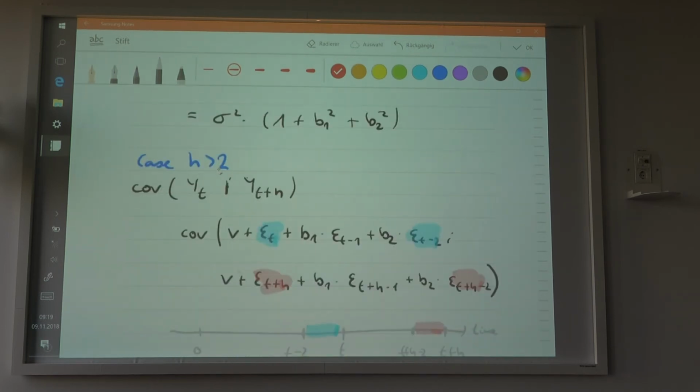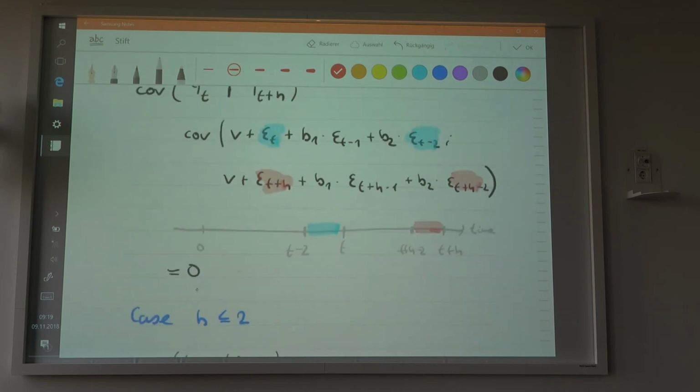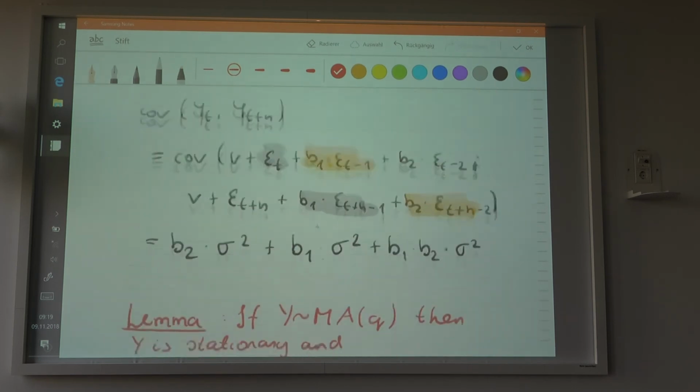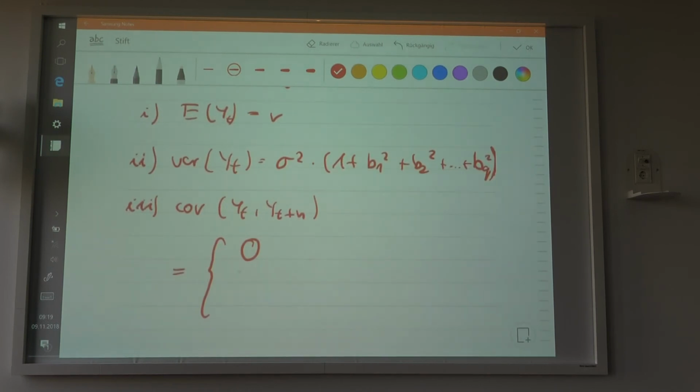So here, if the lag was greater than 2, then the autocovariance was equal to 0. Now in the general case, if the lag is greater than the order of the process, then the autocovariance is going to be equal to 0, because the terms will fall out.